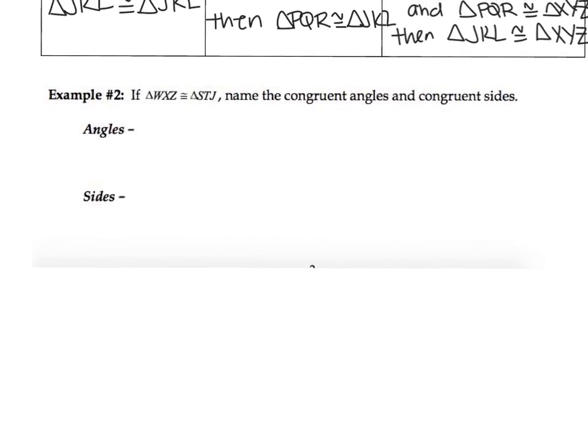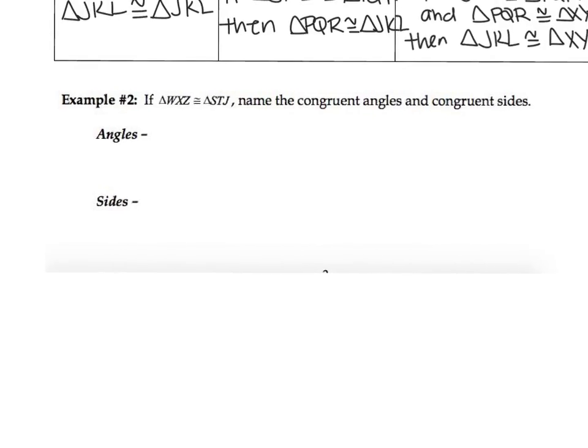In our last example, we have triangle WXZ is congruent to triangle STJ. We want to name the congruent angles and congruent sides. We don't have a picture, which we don't need, because the order that we name our triangles tells us the corresponding congruent angles and congruent sides. I'm going to go based off the naming of the triangles, and then I'll draw a picture just so we can see as well.